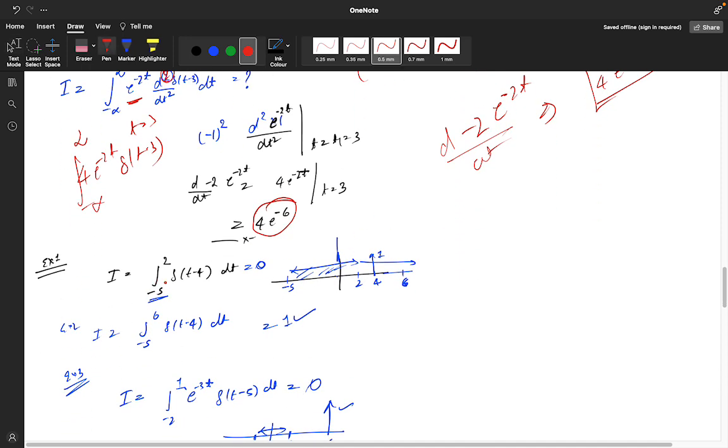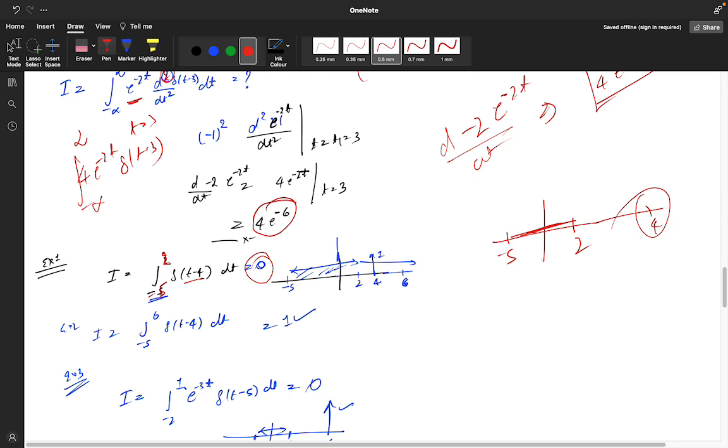Similarly, minus 5 to 2, they have given a particular finite limit, minus 5 to 2 of delta t minus 4, what will be the value? See, our limit ranges from minus 5 to 2, and the impulse function is at t equals 4, so we are not going up to 4 within this limit, so the answer will be 0.